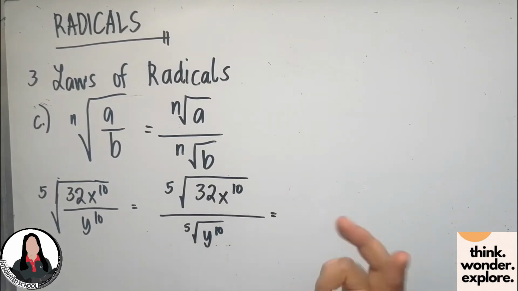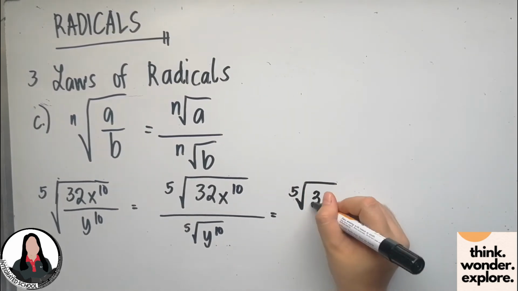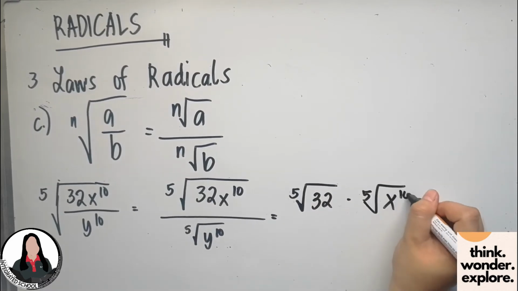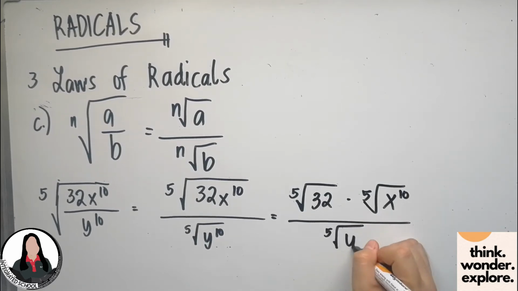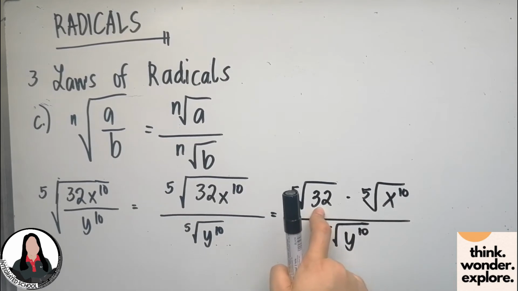So, ang numerator natin ay may dalawang factor. So, pwedeng i-rewrite natin siya gamit ang second law of radicals, fifth root of 32 multiplied by the fifth root of x raised to 10 all over fifth root of y raised to 10. Okay? And this constant, 32, is a perfect fifth root.